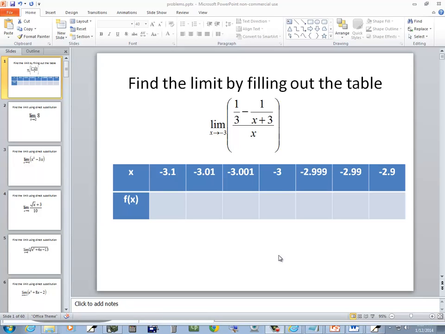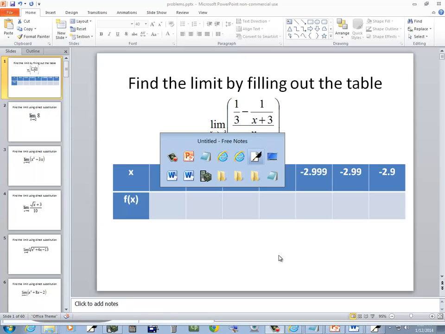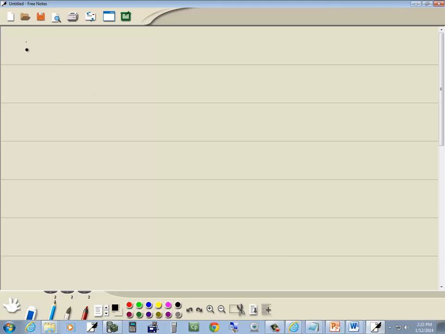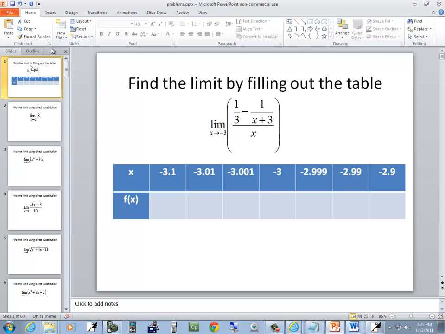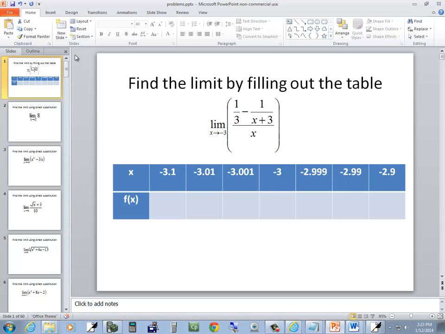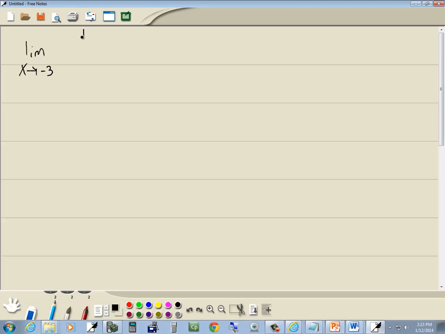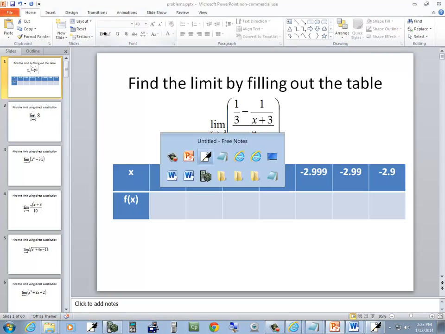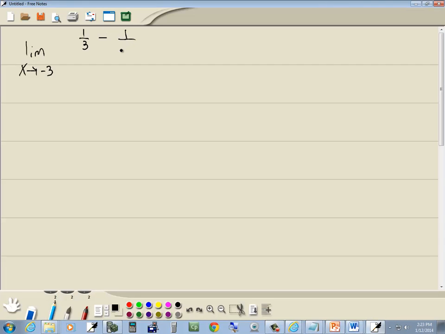Let's take a look at this problem. We get the limit as x approaches -3 of (1/3 minus 1 over x plus 3) all over x.